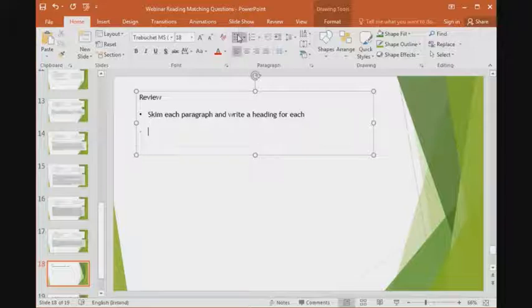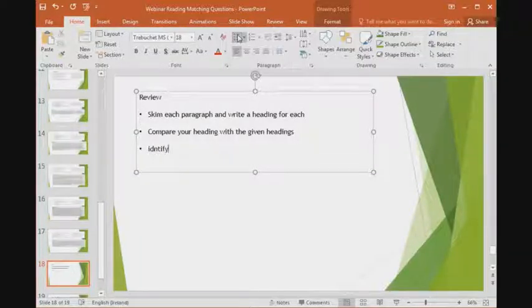Once you've done that, you can compare your heading with the given headings. So you can see if you're actually getting the main ideas. If you have the same keywords, so for example, the one we did about the parents, adult children, and celebrations, if you're getting similar keywords, then it means you're on the right track. Obviously, if the article is about family and then you write about chocolate, then you're going wrong somewhere. Okay. So skim each paragraph and write a heading for each.